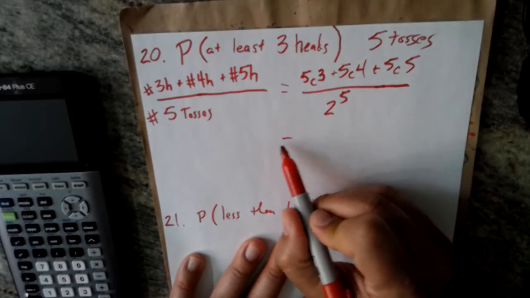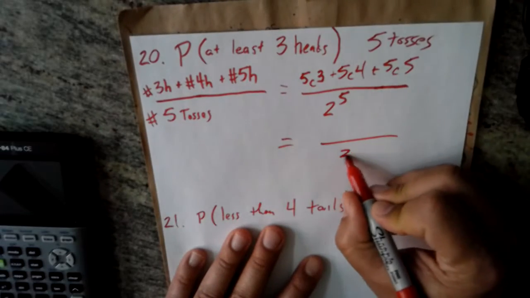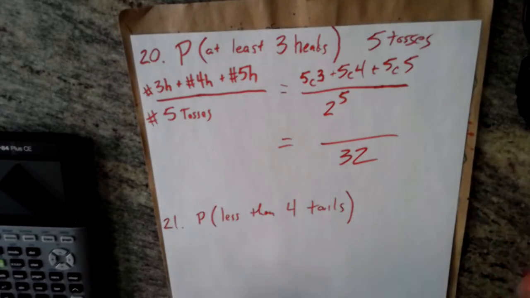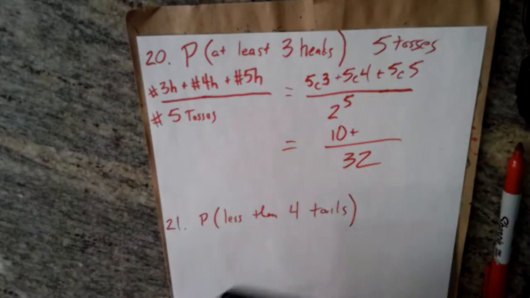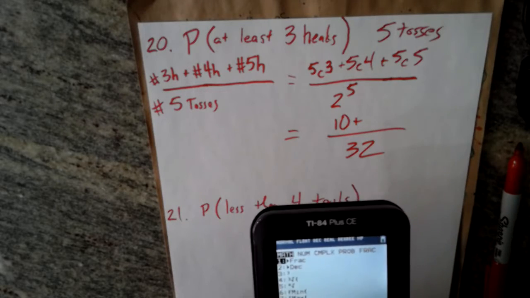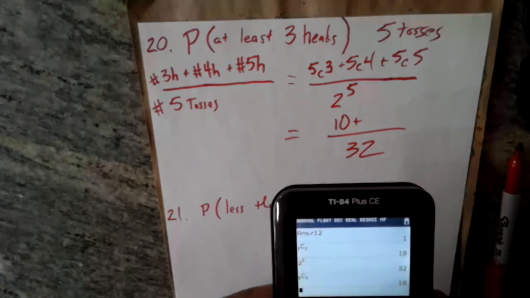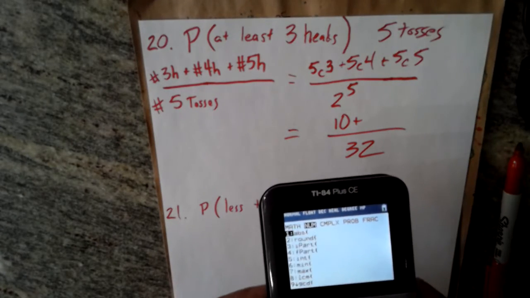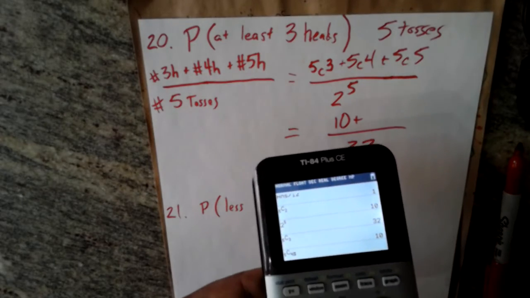Okay? And I'll put this in my calculator as fast as I can. I know the bottom is 32 from the last problem. I actually know that 5 choose 3 is 10 from the last problem. So let me just do 5 choose 4. 5 choose 4.